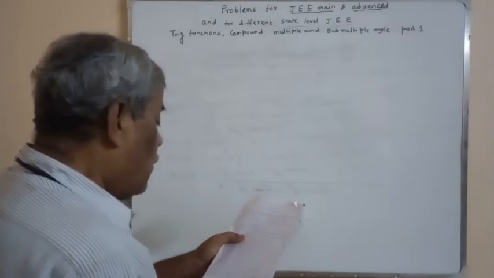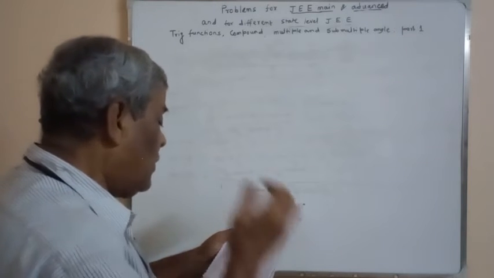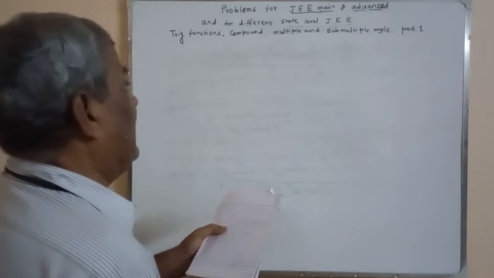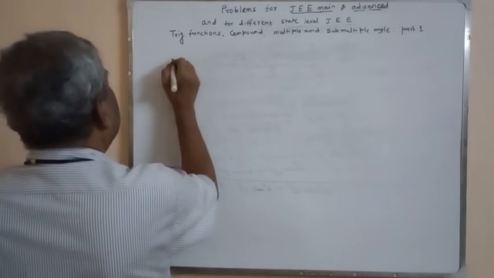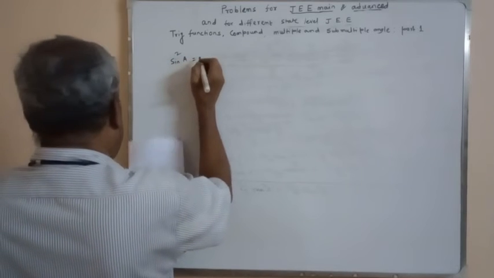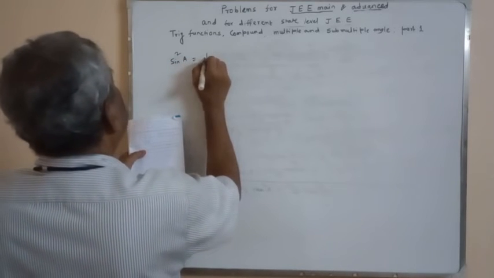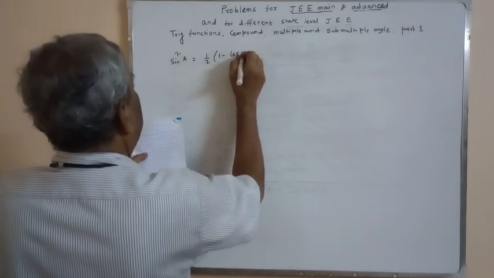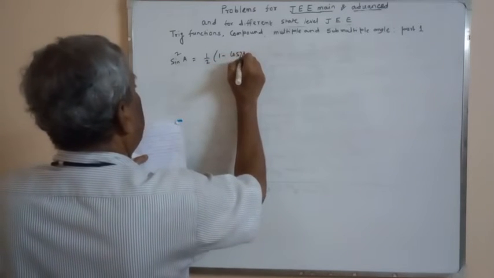Next, conversion of powers of trigonometric functions in terms of multiple angle. Like that, sine square A is equal to half of 1 minus cos 2A.